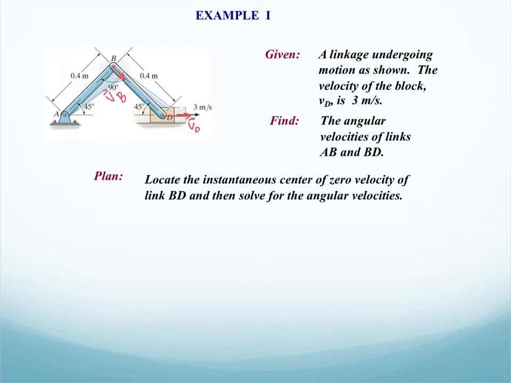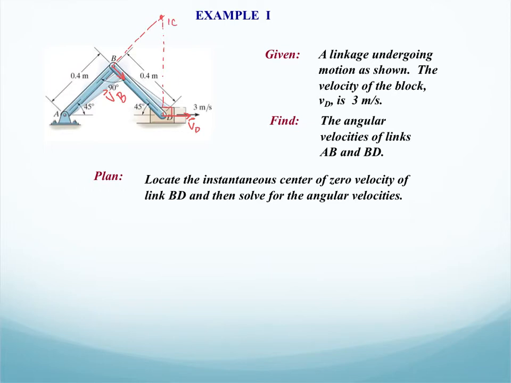And so now I'm going to use this to figure out, first of all, I'm going to work with the piece BD, and I'm going to try to find the instantaneous center of that piece. And the way I'm going to do it is extend a line from each of the velocity vectors, so it's perpendicular, and they're going to intersect at a point, and this is the instantaneous center.